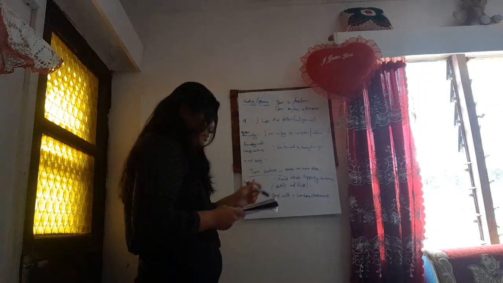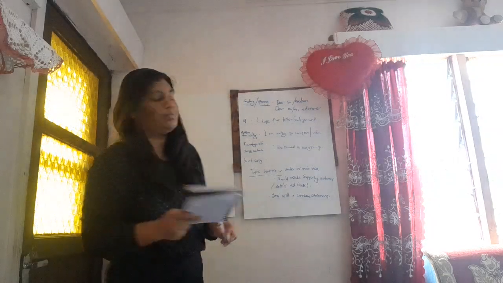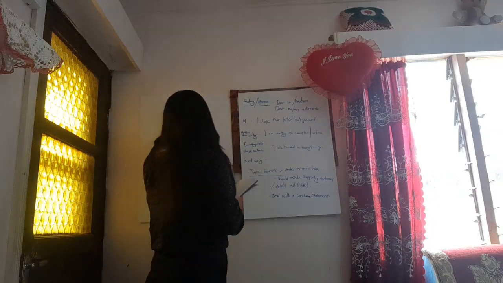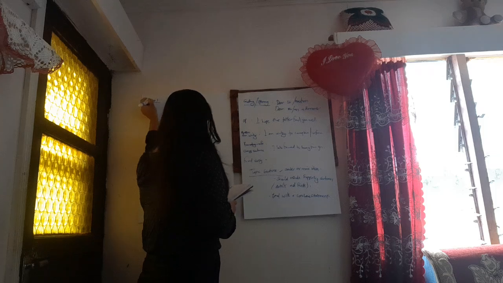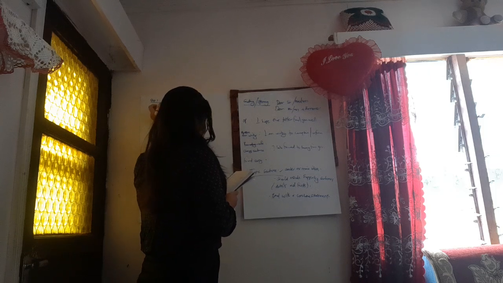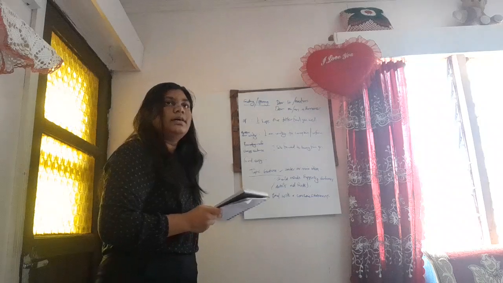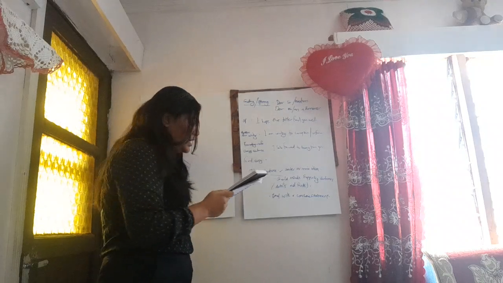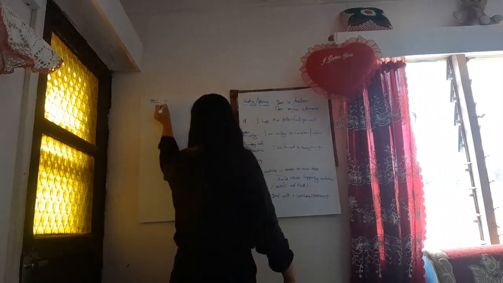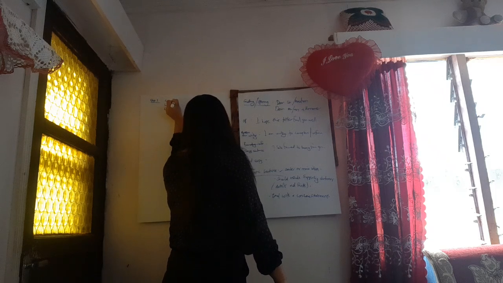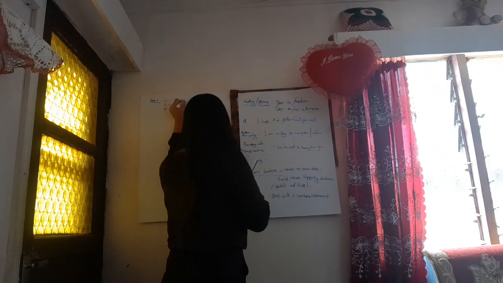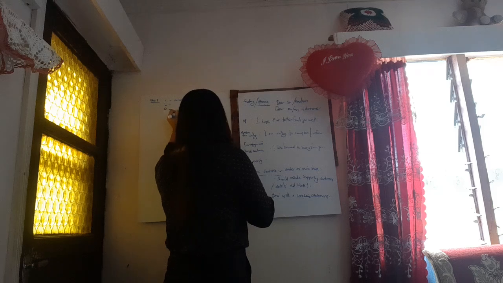Okay, let's dive into step 1 a bit closely. That was understanding the task. For you to write a good paragraph, you need CLD. And what is this? C stands for context, content.